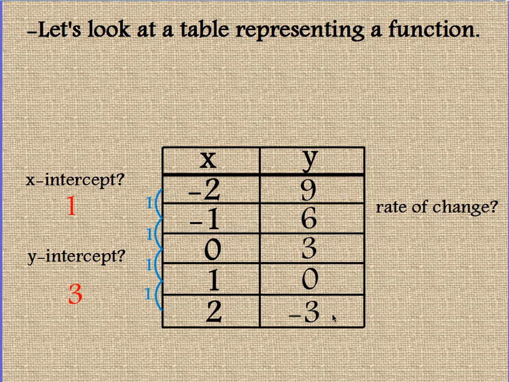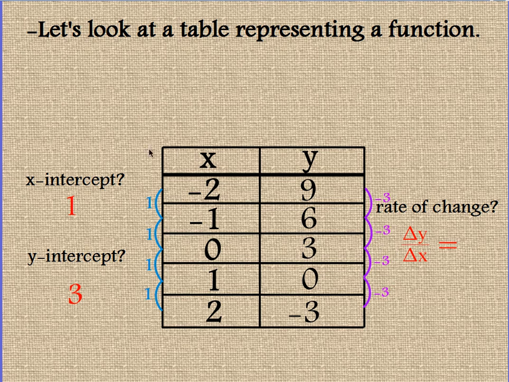Moving down the y column, I can see that moving from one y to the next, I subtract 3 each time. From 9 to 6, from 6 to 3, from 3 to 0, and so on. Well, our slope, the definition of slope, rise over run, can also be written as change in y over change in x.